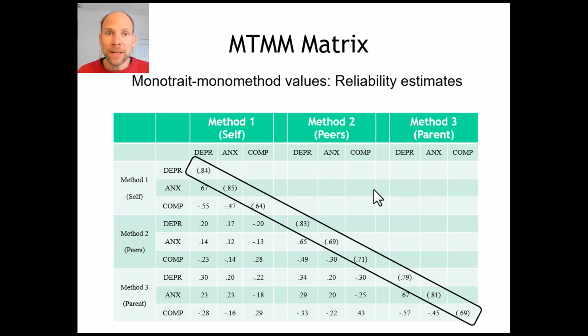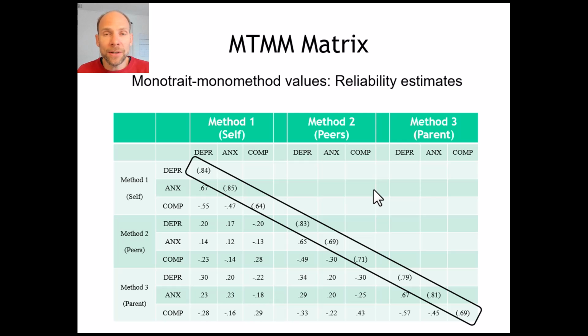And since these are not correlations, they are put in parentheses to make clear that those are distinct, and they don't have anything to do with validity, neither convergent nor discriminant validity. They just simply give the reliabilities. And it's useful to have that information in there as well, because we do care about the reliability of the measurements.